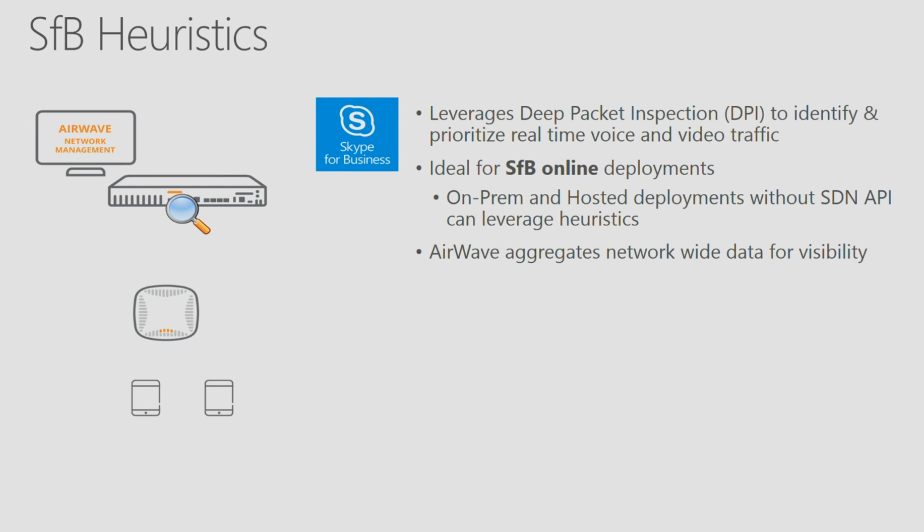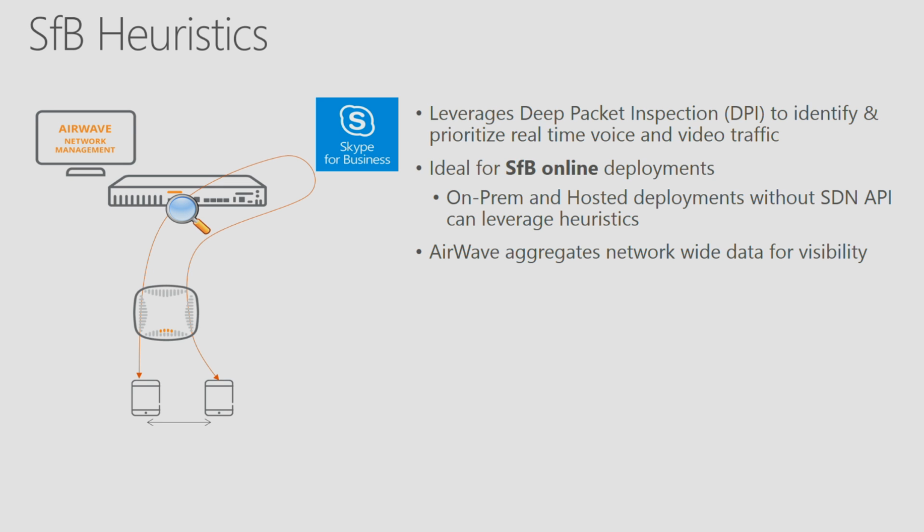So real quick, how this happens. Heuristics is the mechanism, deep packet inspection, stateful firewall, and it is ideal for the Office 365 deployment, the Skype for Business Online deployment, because the Microsoft SDN API is not supported for Office 365.